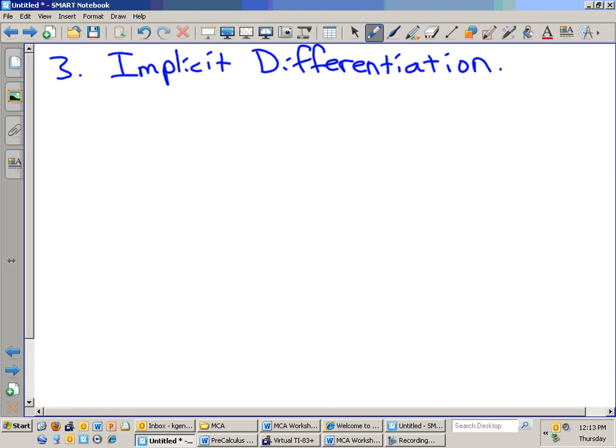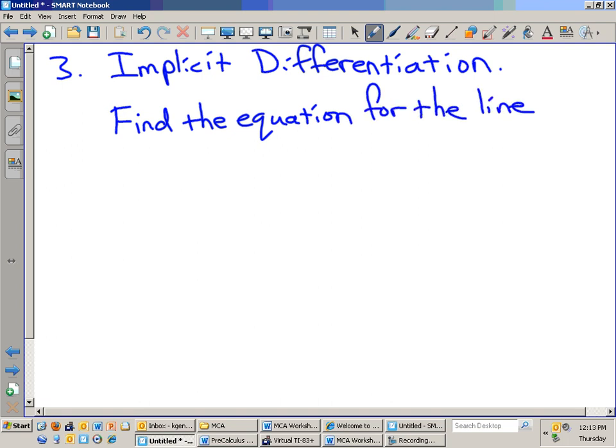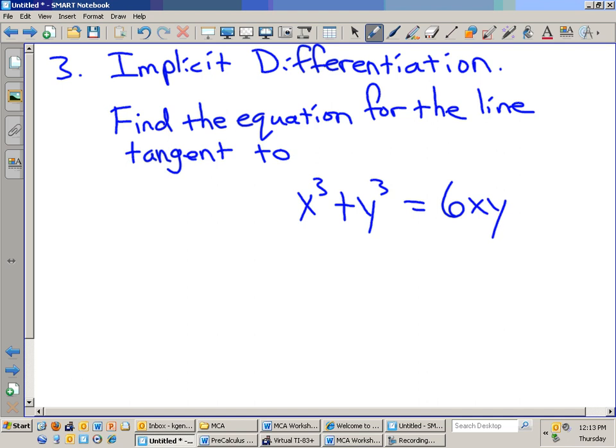So we're going to use here: find the equation for the line tangent to x to the third plus y to the third equals 6xy at the point 3, 3.